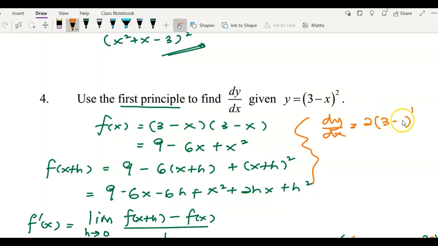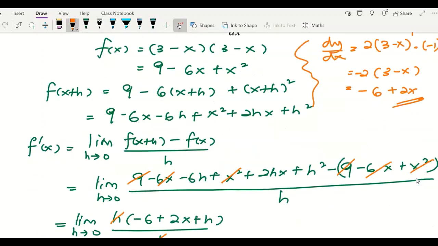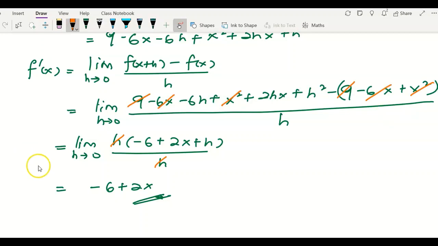Inner function, we just copy it down, that is 3 minus x, and then you need to differentiate the inner function, you get negative 1. So we have 2 times (3 minus x) times negative 1, which gives negative 6 plus 2x. Alright, so what we get with the technique of differentiation, which is the power rule, is the same answer as what we get from the first principle. So we can be sure that this answer is correct.